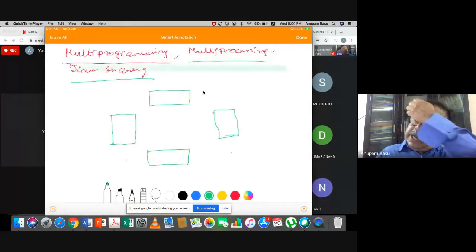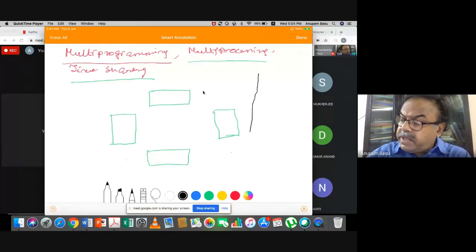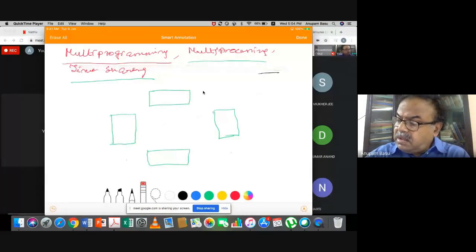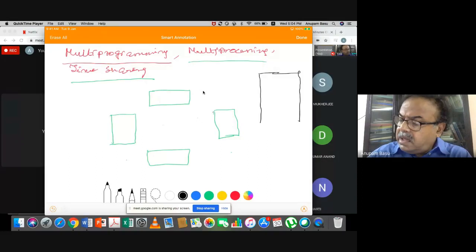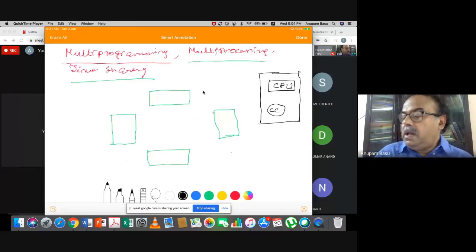But say I have got only one server here, and let me assume that this server has got only one CPU, not more than one CPU, and there is only one copy of the C compiler.